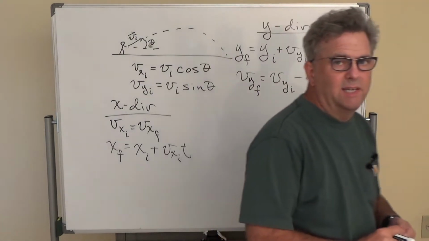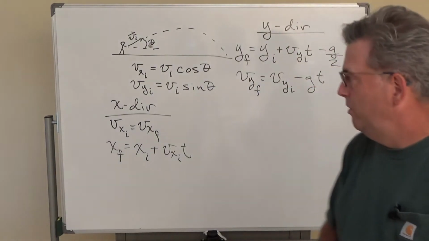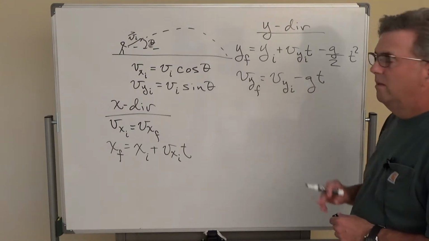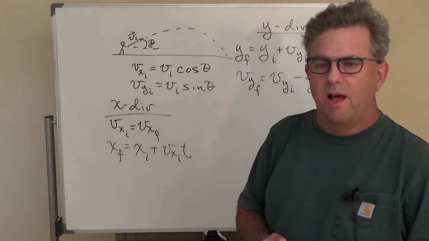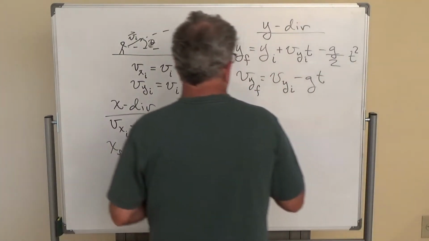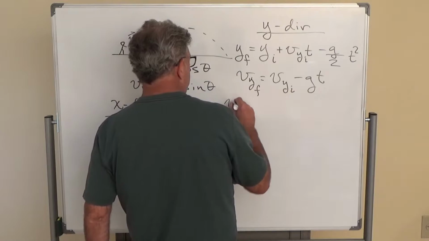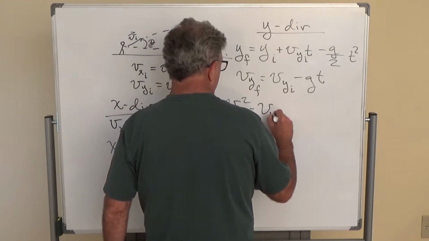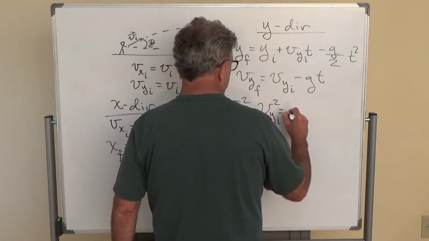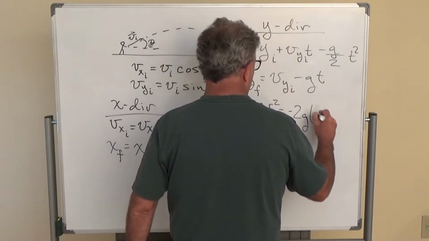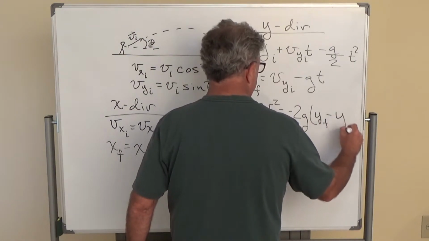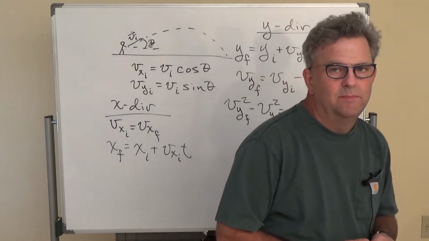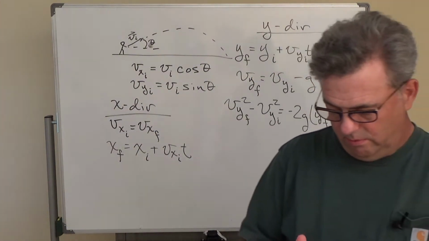That's that velocity-acceleration equation. If you know the initial velocity, the acceleration is g, and the time, you can figure out the final velocity in the y direction. Occasionally, you may be able to use that other equation, vy final squared minus vy initial squared is equal to minus 2g times y final minus y initial. That one in projectile motion, I don't think gets used a whole lot, but it's there.